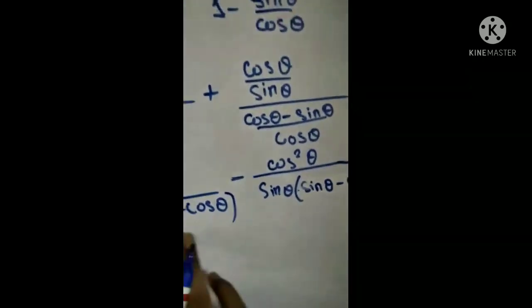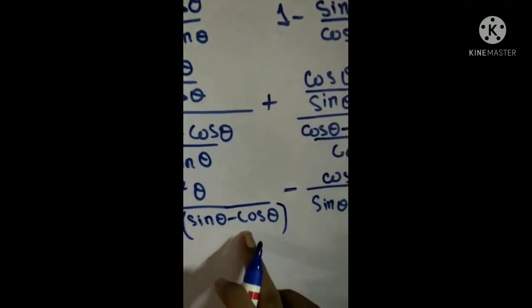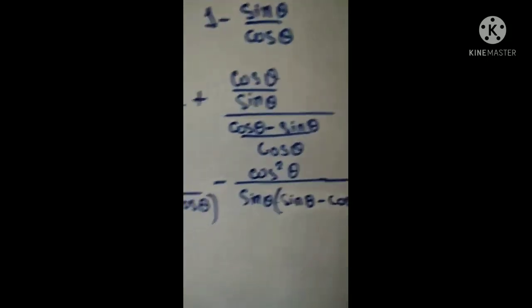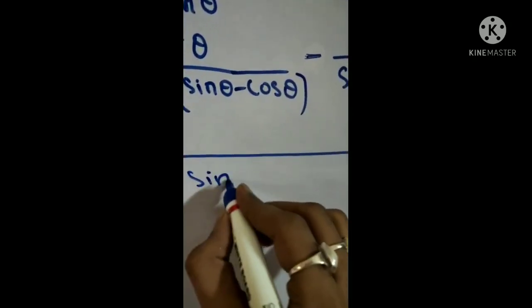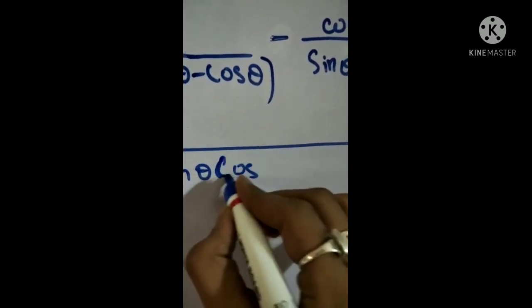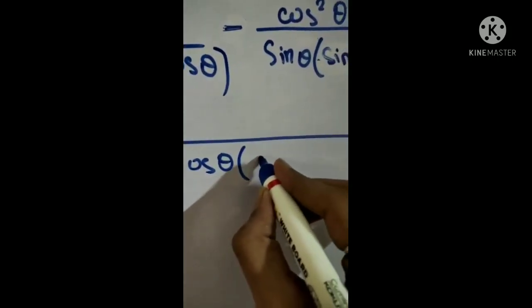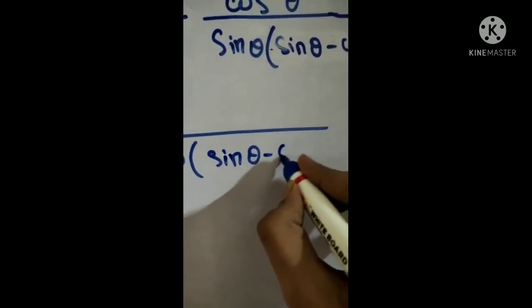See, now these two are the same. So now let us take the LCM of the denominator. The denominator we will get is sin theta cos theta multiplied by sin theta minus cos theta.